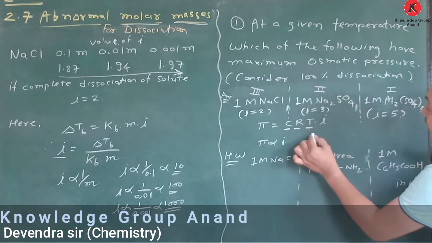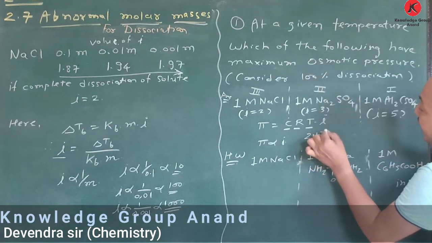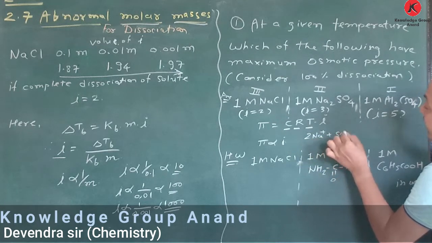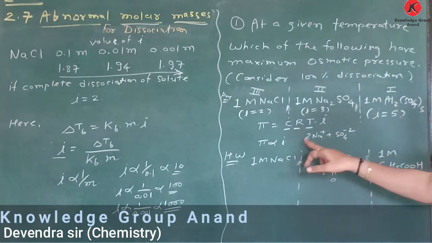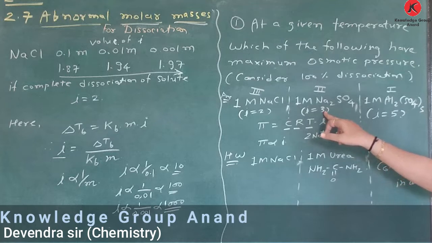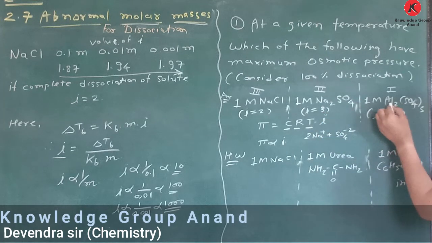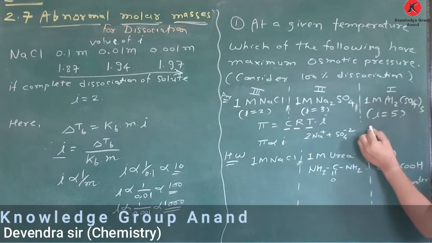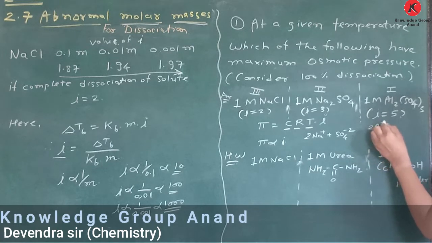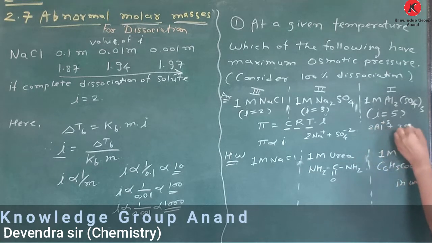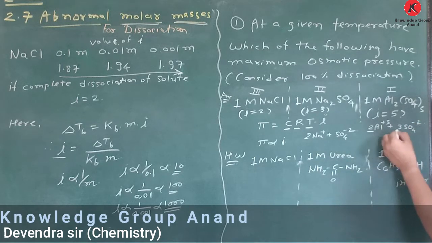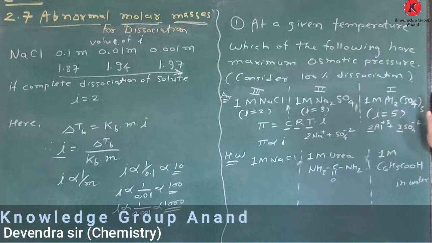Na2SO4 means twice Na+ and SO4 2−, so 2 plus 1, that is i equal to 3. Here 1 molar Al2(SO4)3 indicates, once again, twice Al3+ and 3 SO4 2−, so 2 plus 3, that means i is equal to 5.